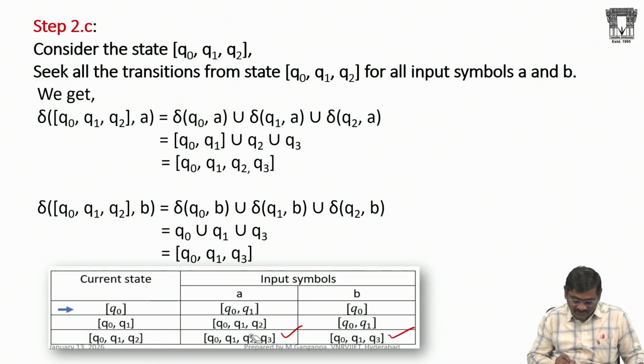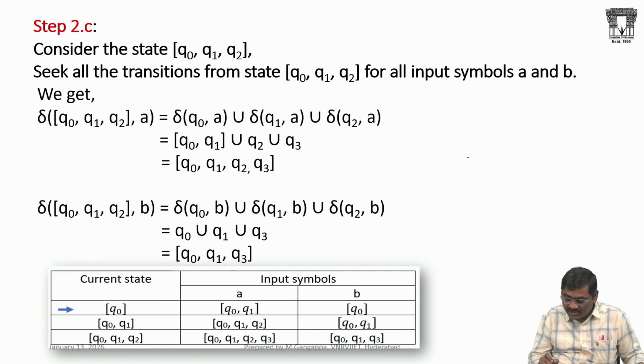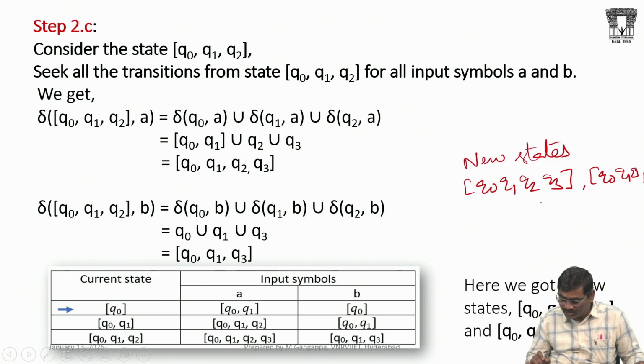What are those new states? One new state generated at this step is Q0 Q1 Q2 Q3. The second one is Q0 Q1 Q3. There are two new states, this one and this one.